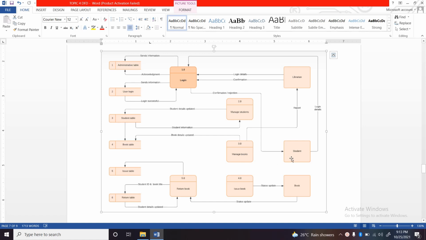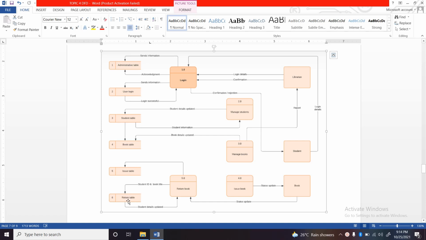Okay, let us also use the book. How about the book? For example, the book will return a data on the status update. Under the process return book, the process will now go to the data store, which is return table. The data that will be saved on the return table will be the student ID and book title.